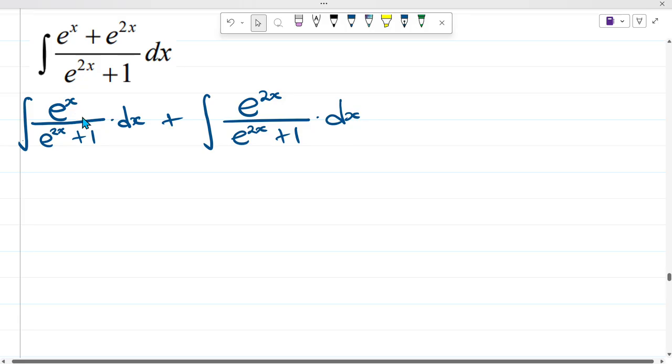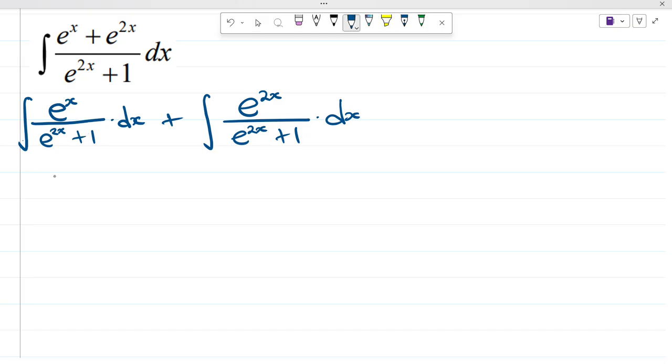Okay, so here we can see that this one is the format that could be that of tan. However, we need to rewrite this first in a nice way, right? So to rewrite this in a nice way, this is how it's going to be.